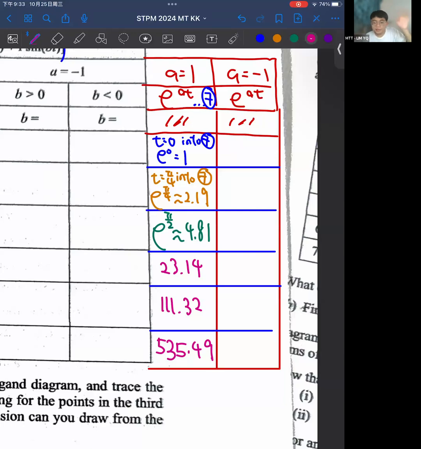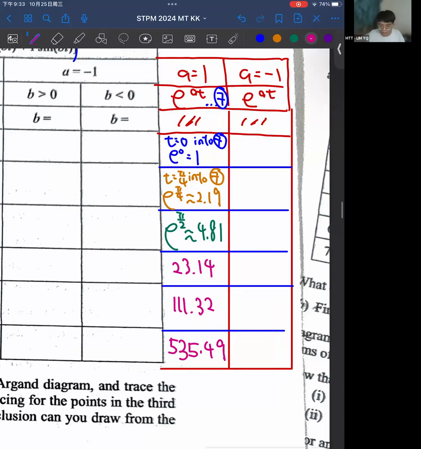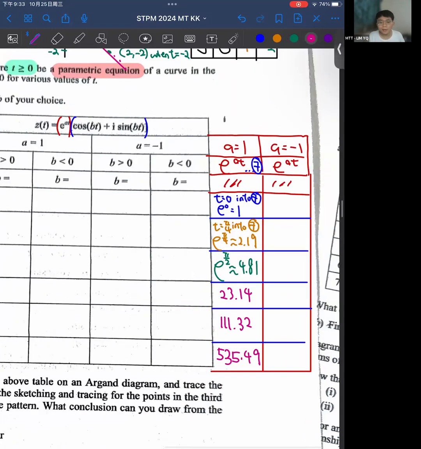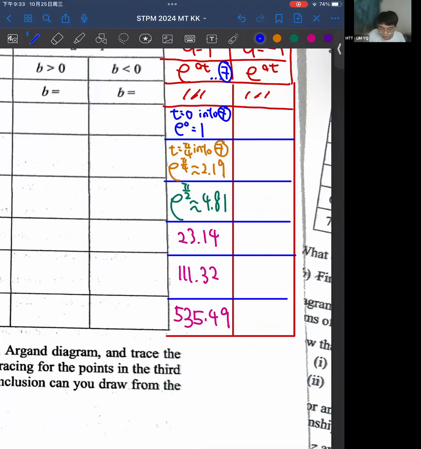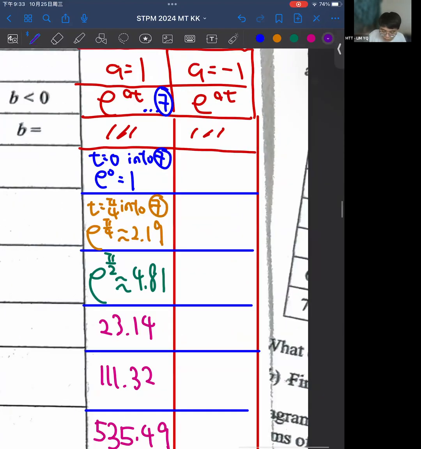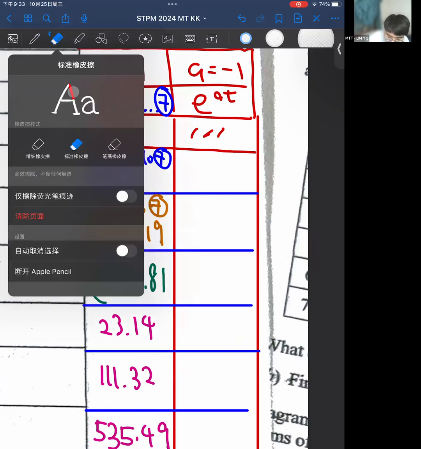You see, when a greater than 0 it is an increasing function. All the values are increasing. When a is less than 0, I want you to do a equal to -1 by yourself. Finally, you want to get that it is decreasing. This equation 7 actually is just e^t only.